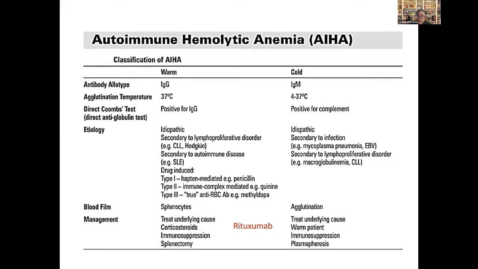Type 3 autoimmune hemolytic anemia is the true antibody against the red cells. Certain drugs such as methyldopa, and this is why it's no longer used outside of pregnancy, and I'm not even sure if they still use it in pregnancy, alter the red cell antigens and make them very antigenic.